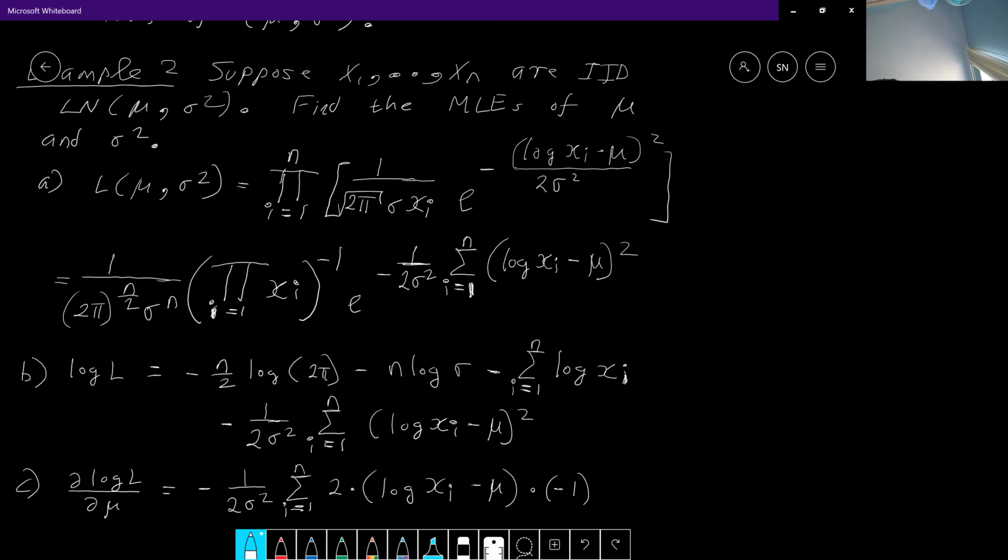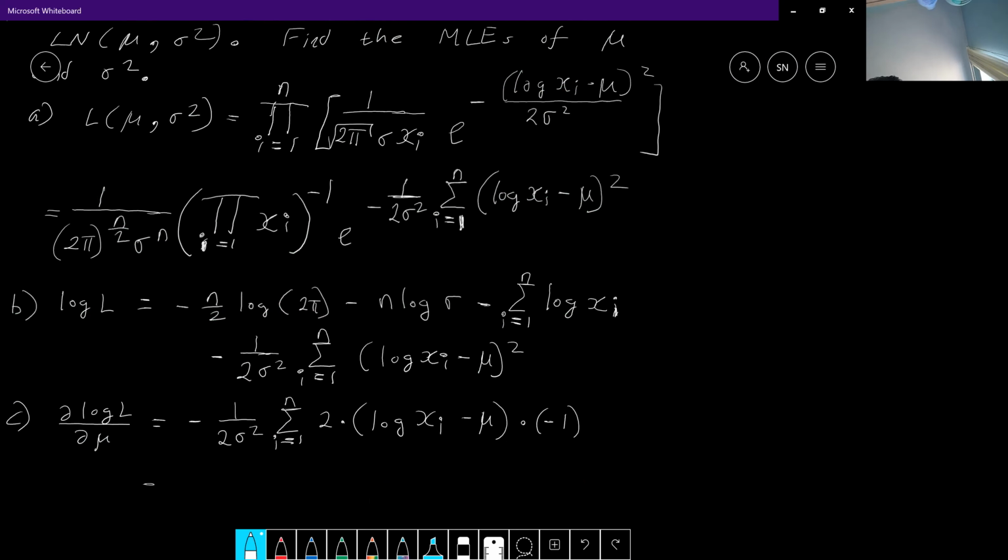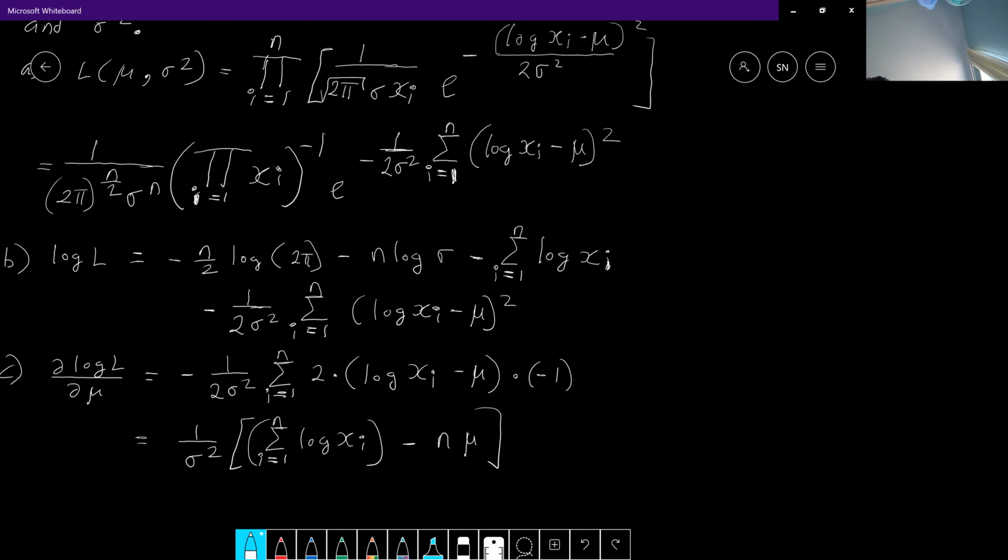Okay, this is similar to the previous example. So if you simplify this, as we did in the previous example, this is what you get: in brackets the sum of log of xi minus n mu. Let's set this to 0, and let's call this equation 1.